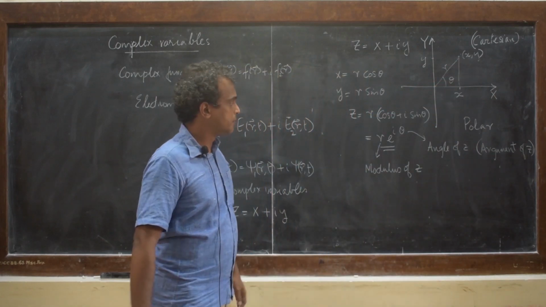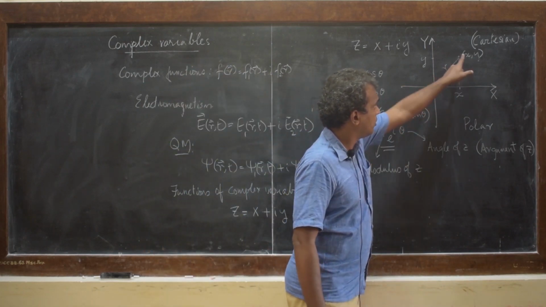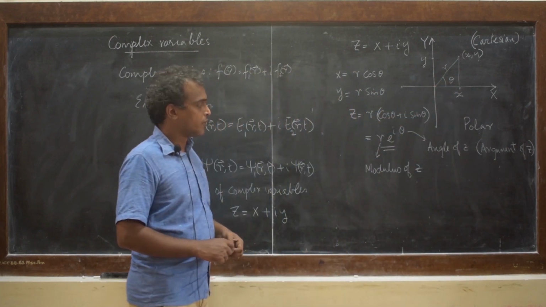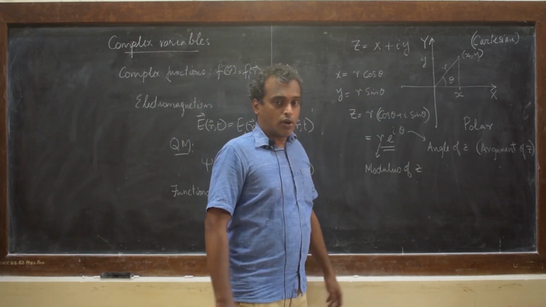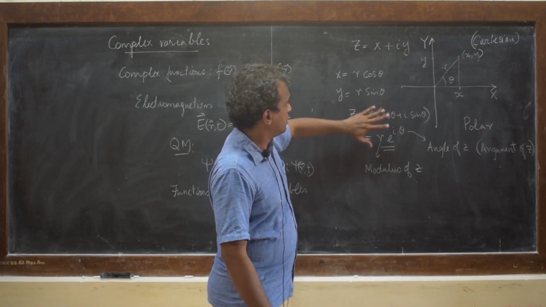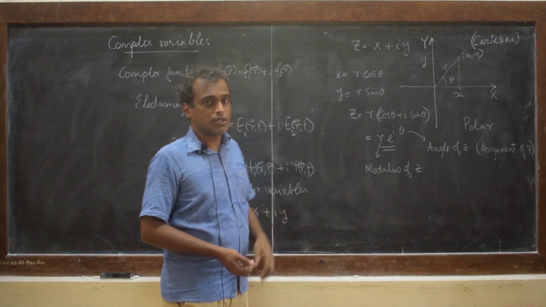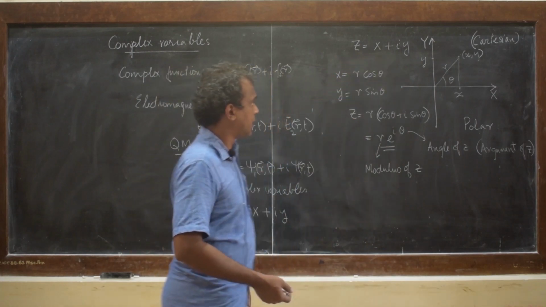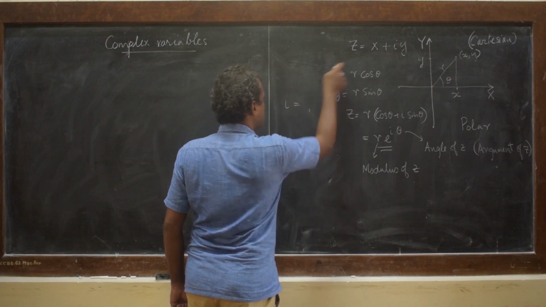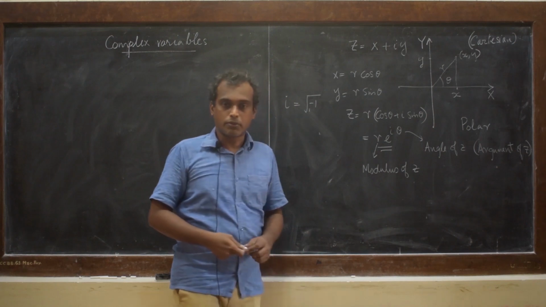That is a real number. In addition, theta is the angular distance of the line joining the point to the origin from the real axis, and that is also a real number. So, in all of these forms, we are writing a complex number in terms of real numbers, and we need two real numbers to write that complex number. Recall that the i that we use is the square root of minus 1.